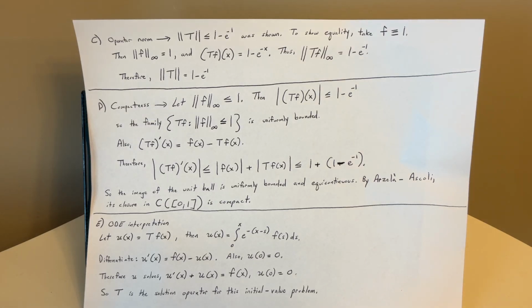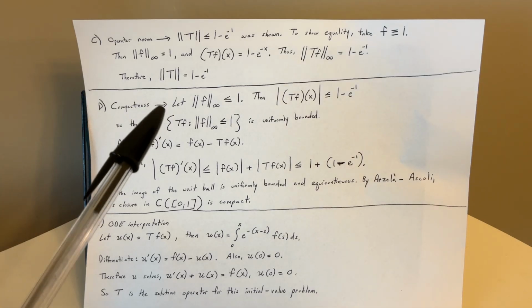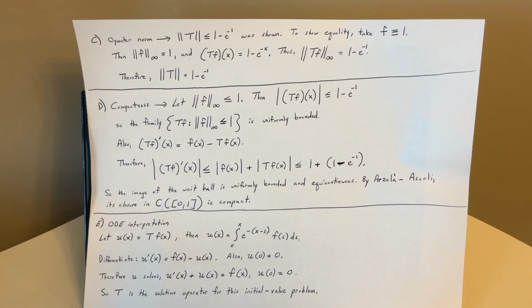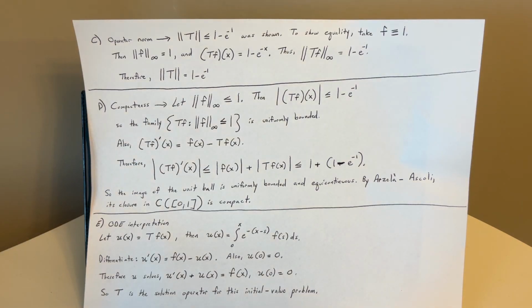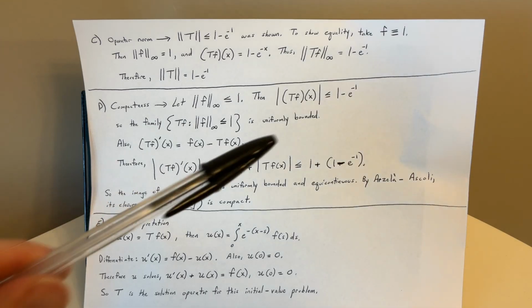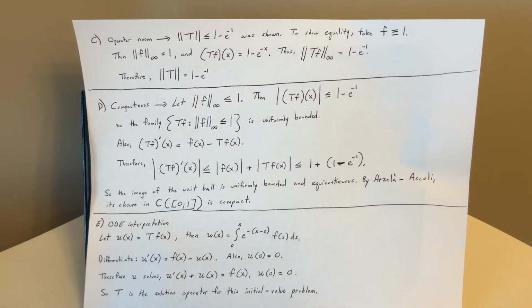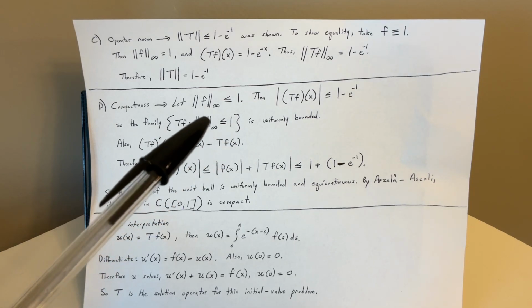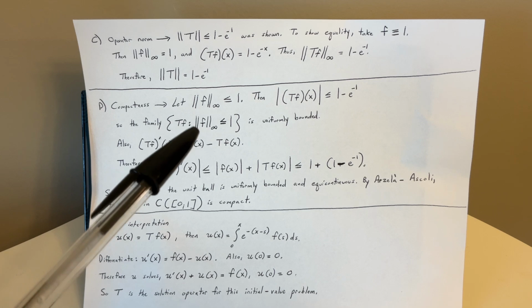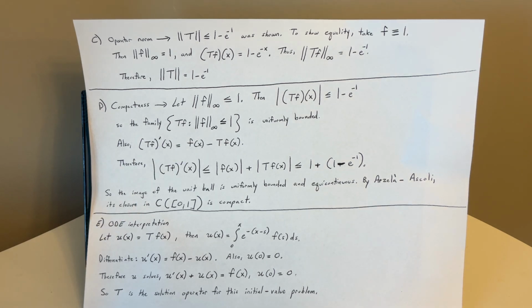For letter D, we're determining whether T is compact. So compactness: let the norm of f, infinity, be less than or equal to 1, and then T applied to f at x is less than or equal to 1 minus e to the negative 1. So the family given, Tf such that the norm of f, infinity, is less than or equal to 1, is uniformly bounded.